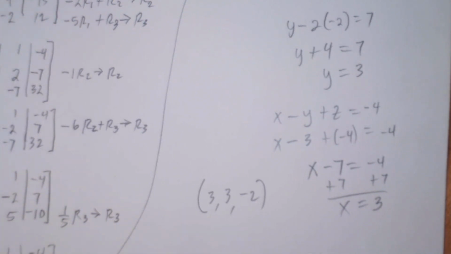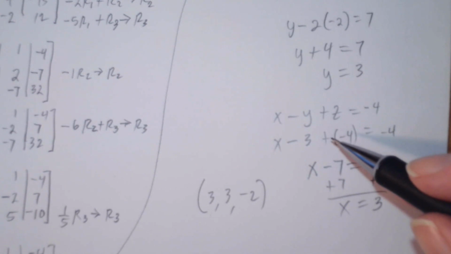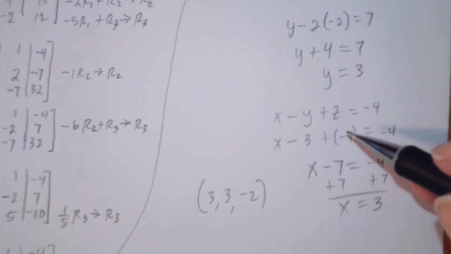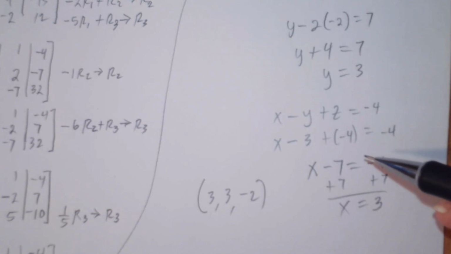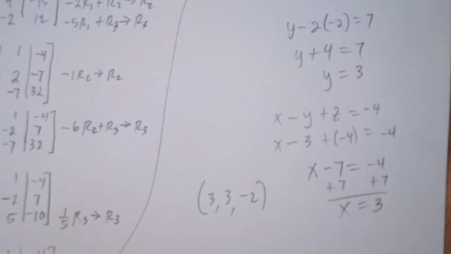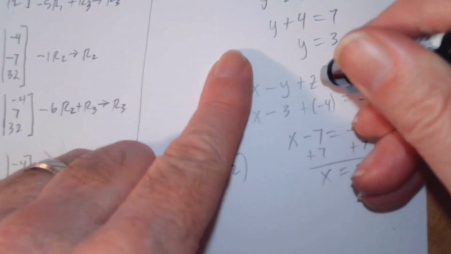Hold on a second. What did I do? Oh, I'm looking at the wrong problem here. Oh, I'm sorry, z is -2. That's what I did wrong. Let me fix that. You can see up here we got z is -2. I don't know why I plugged in -4.